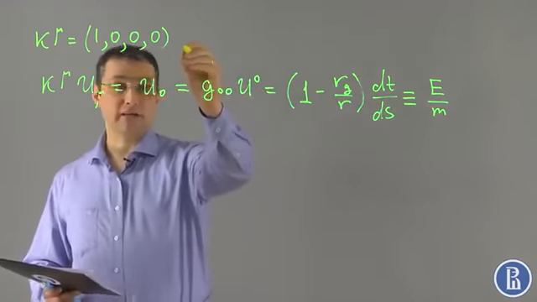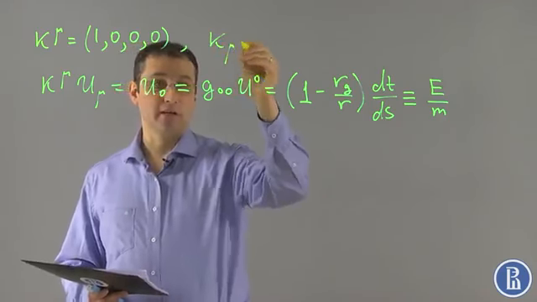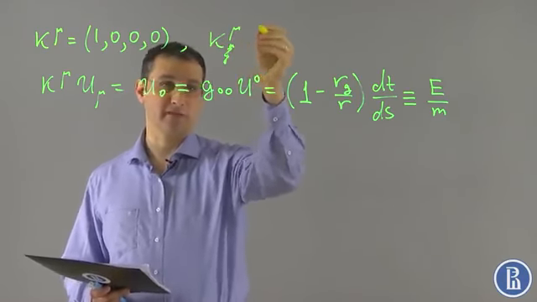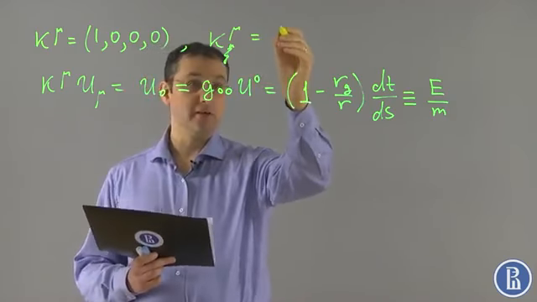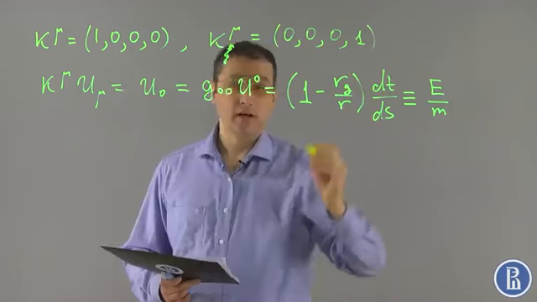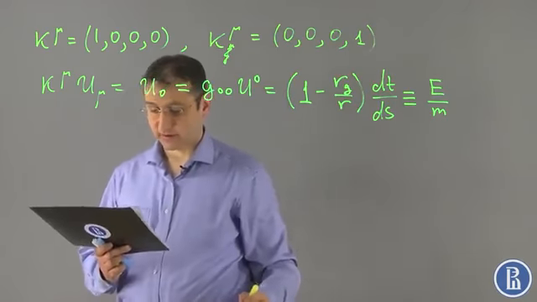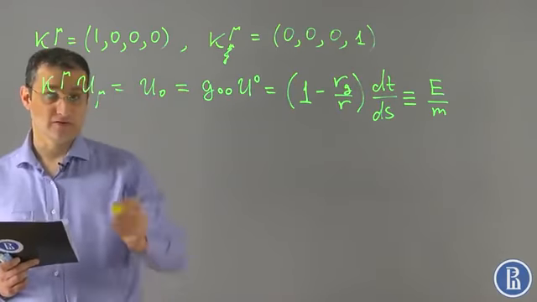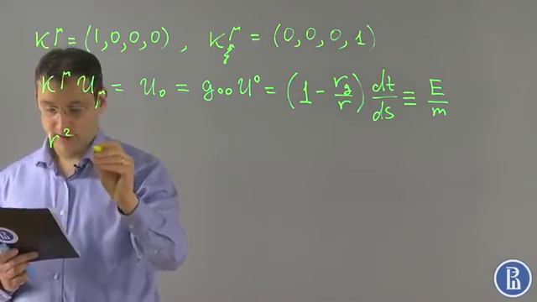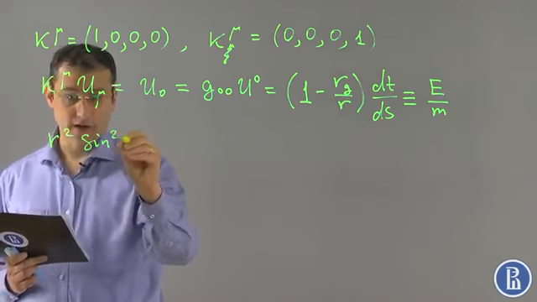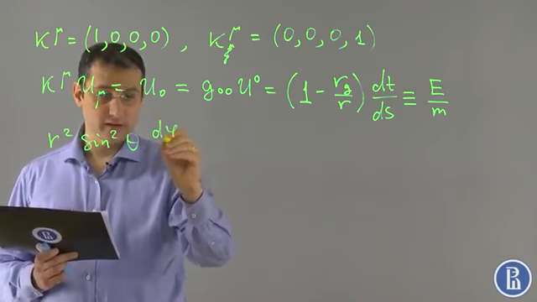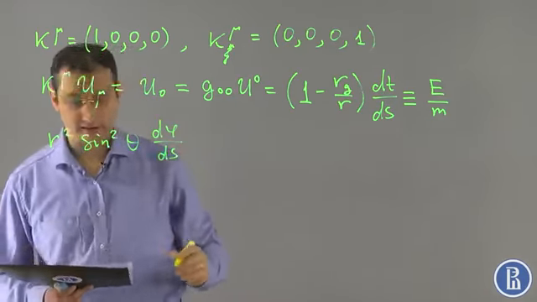So another Killing vector that we have in Schwarzschild spacetime, with upper index, is just (0, 0, 0, 1). And the corresponding conserved quantity, as follows from the same observations, is that r squared times sine squared theta dφ over ds is conserved.